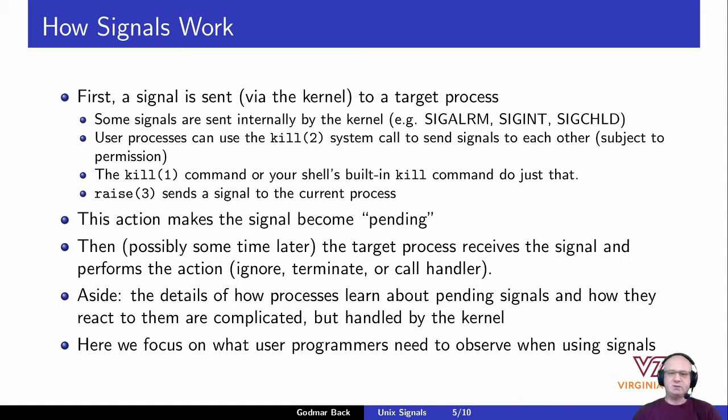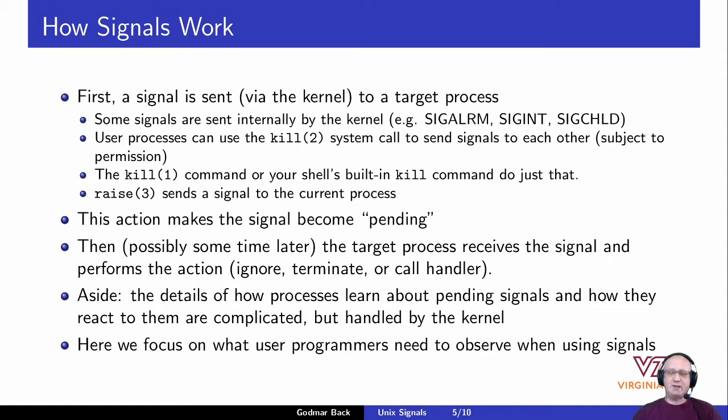And the kill system call is exactly the system call that is performed by, for example, the kill command. It's an executable in /usr/bin. But many shells, job control shells, also have a kill command built in. And this kill command will use that same kill system call.